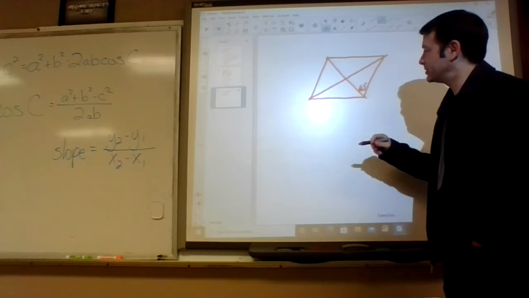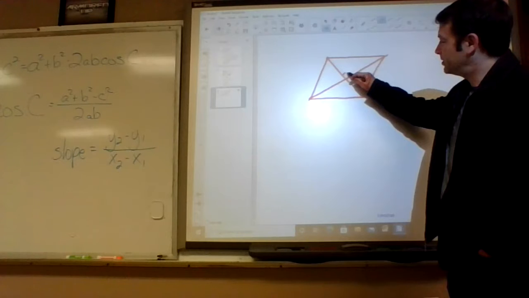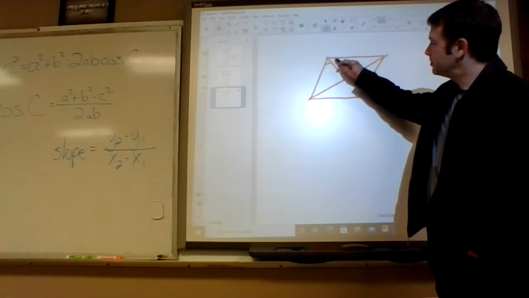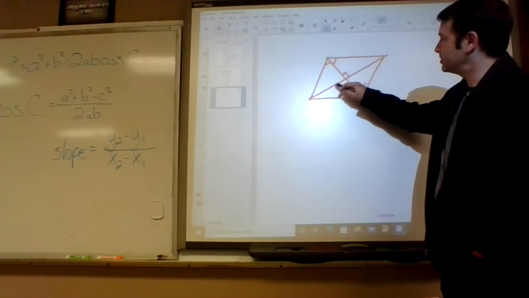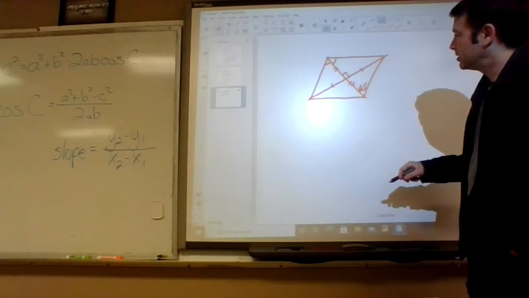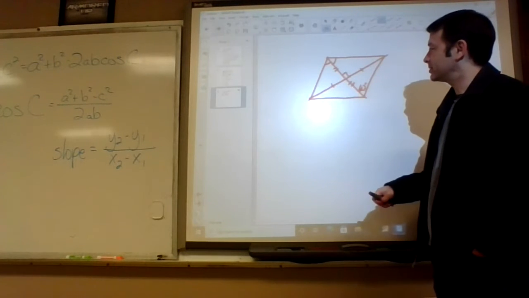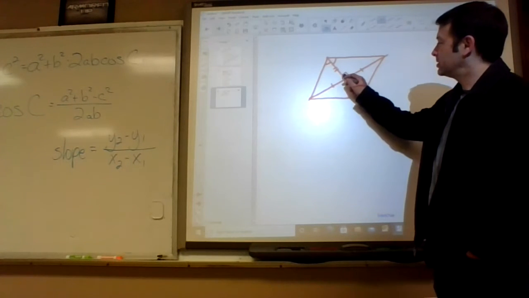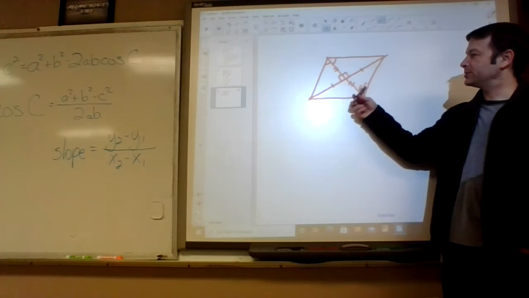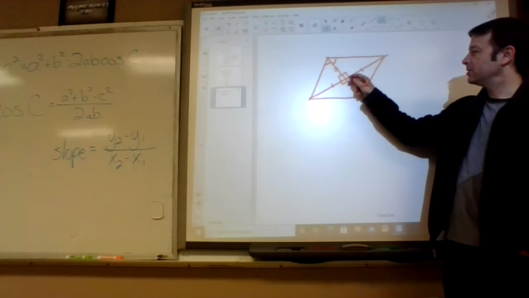Do you remember what we said? 90-degree angles. What else? Diagonals bisect each other, because it's a parallelogram. But the diagonals also bisect the angles. So basically, all these little triangles in here are congruent.